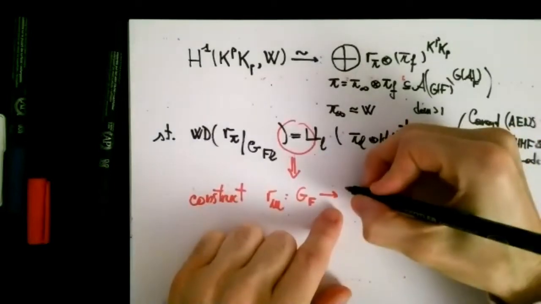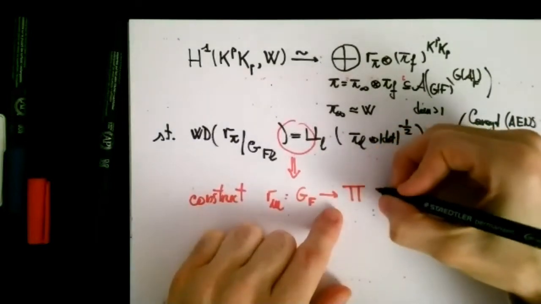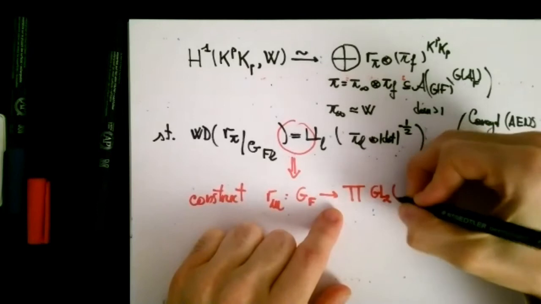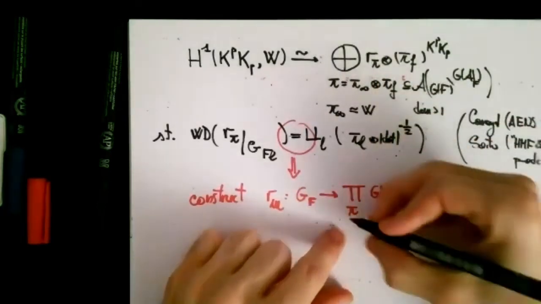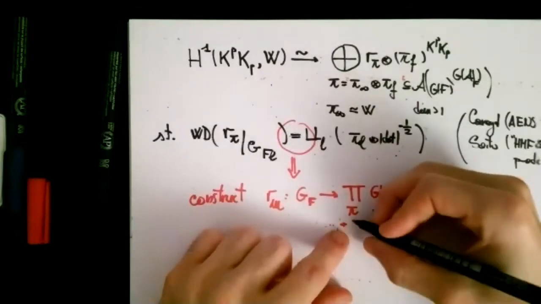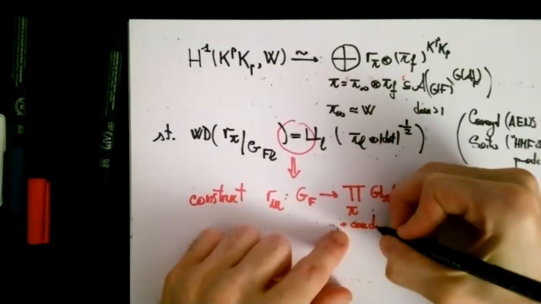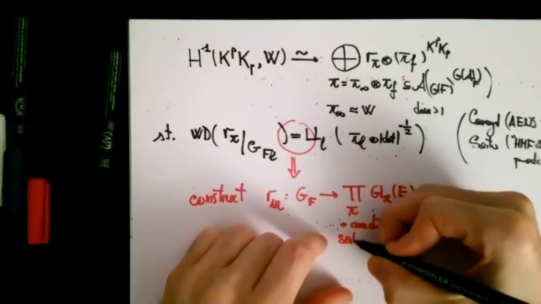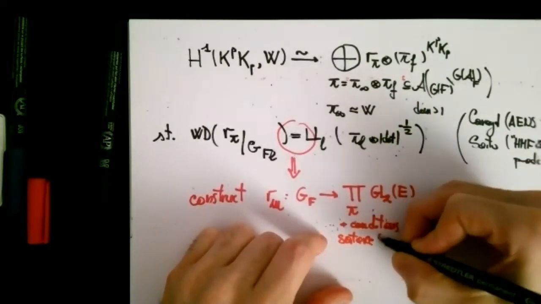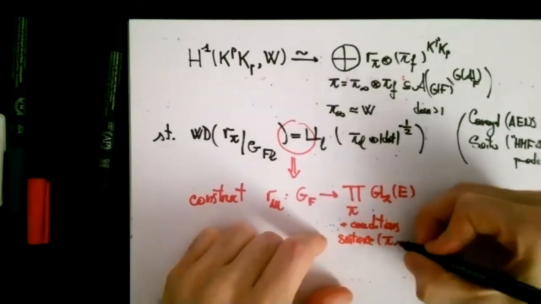How do we construct this representation? It takes values in the product of GL2(E) with conditions as above plus some further conditions on the Satake parameter of pi_L.